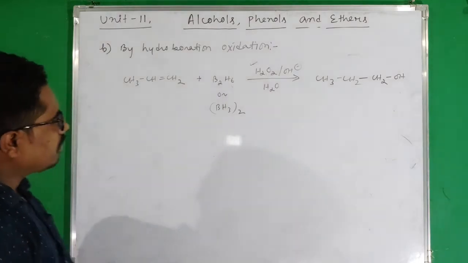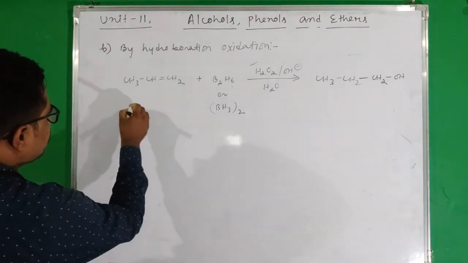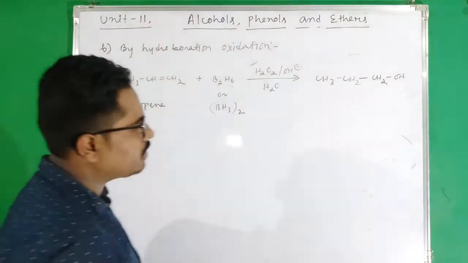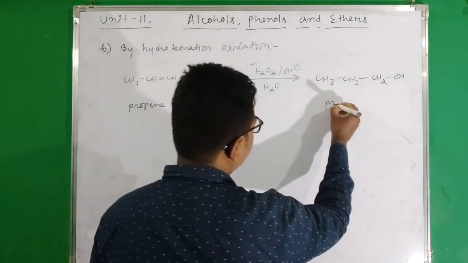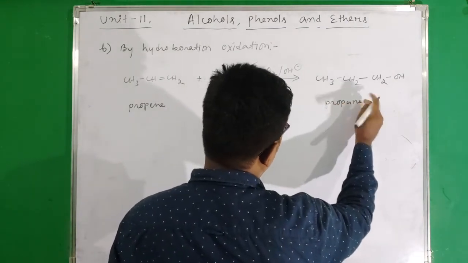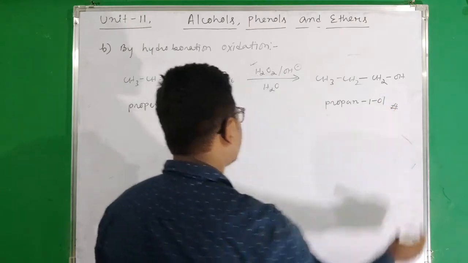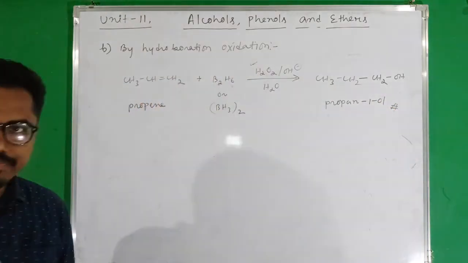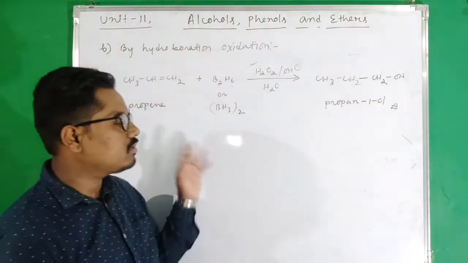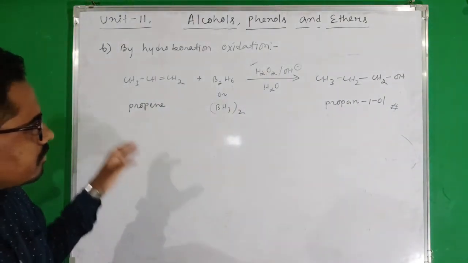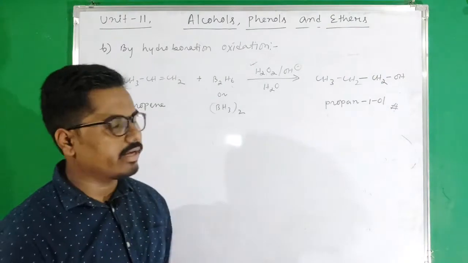That means in the earlier reaction we converted propene into propan-2-ol, but in this case we have converted propene into propan-1-ol. So in exams questions are asked, how can you convert propene into propan-1-ol? Then you have to write this chemical reaction.